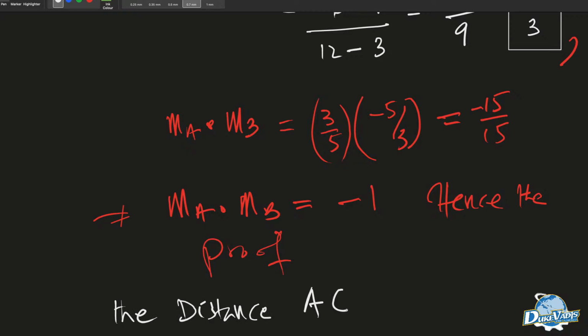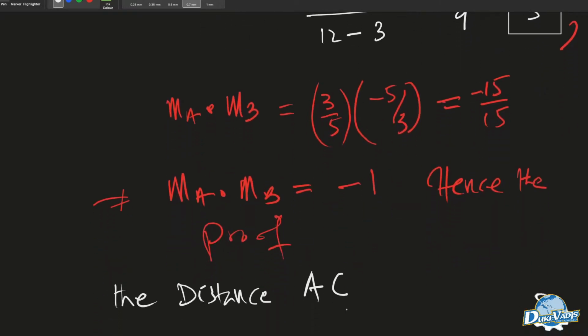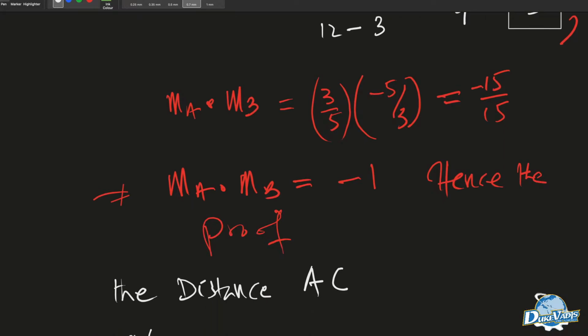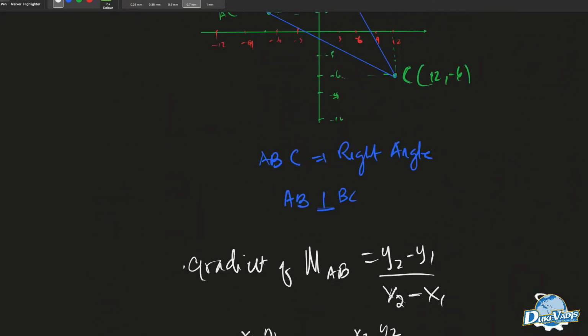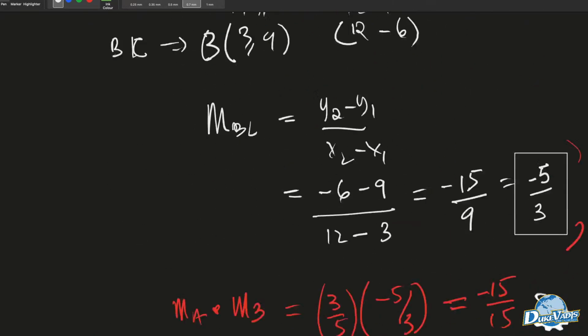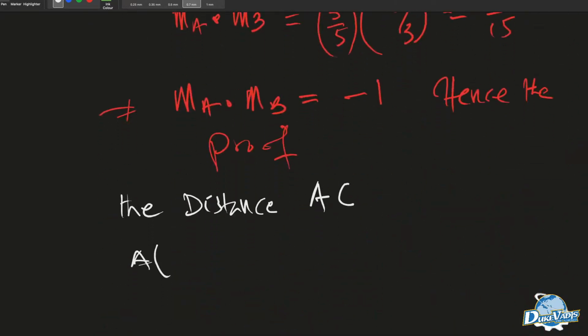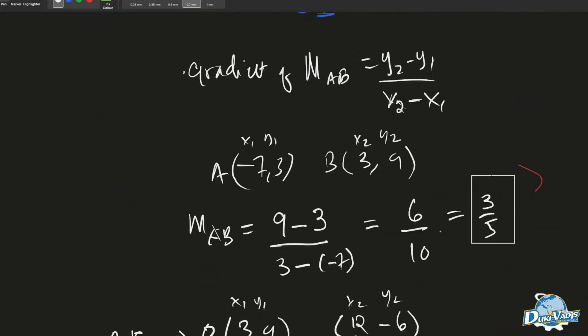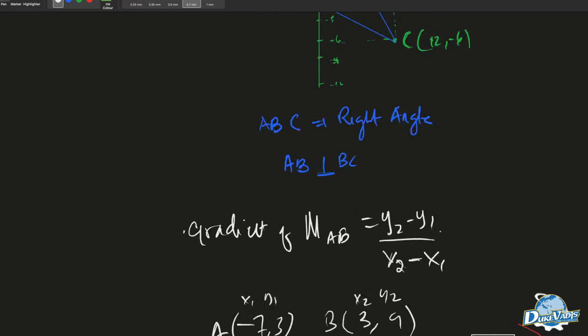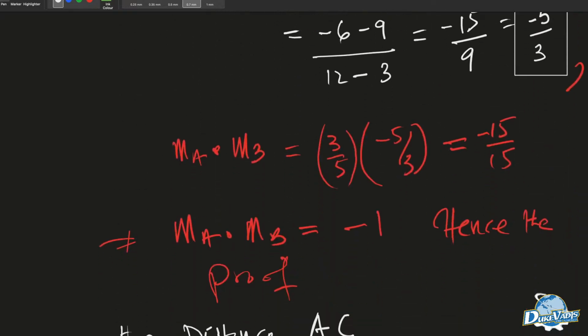We know the coordinates of A to be (-7, 3), and the coordinates of C are given as (12, -6).